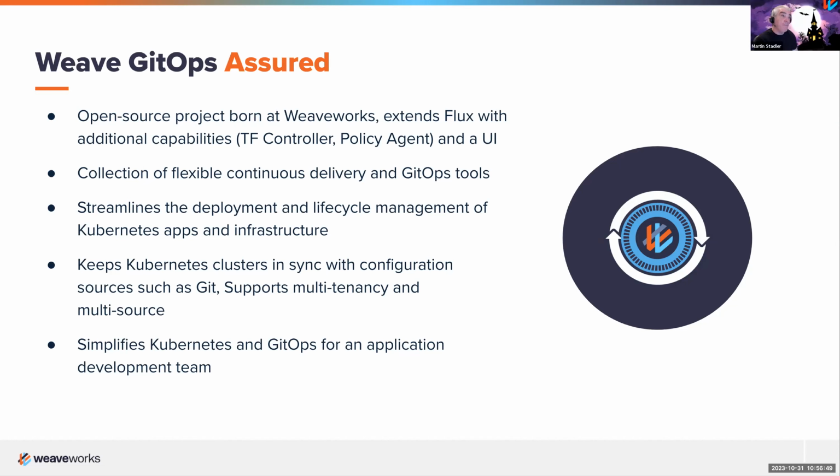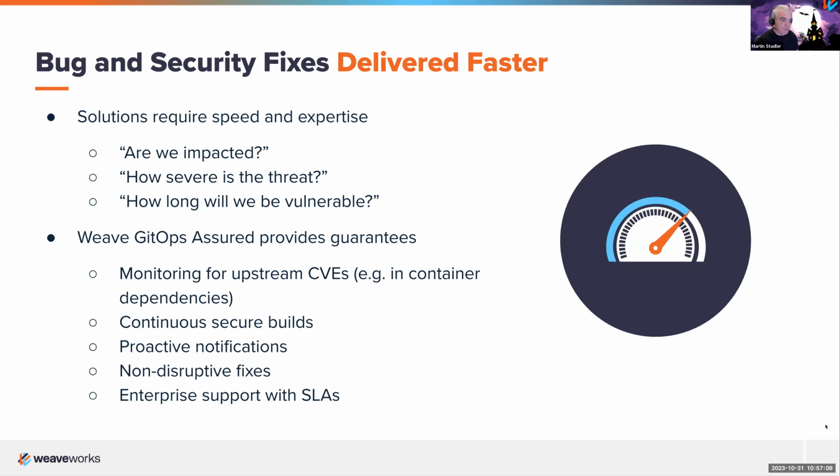For the assured version of Flux, in the 6 months since we've launched this, I think we've done something like 14 updates to the assured image that customers can then use and enjoy. So it's not trivial, and part of the reason is it might not be a CVE in Flux, but it could be inside of the tool chain that's used to actually build Flux. So a lot of effort.